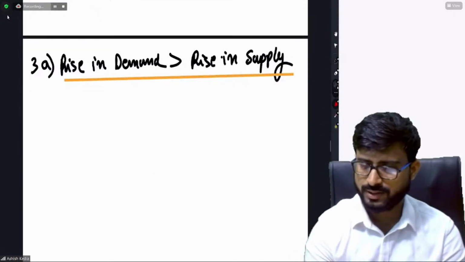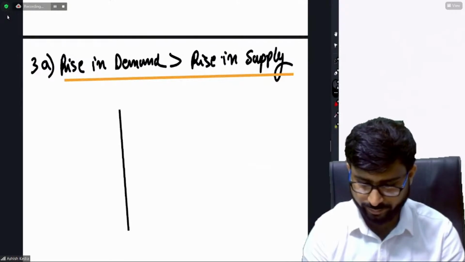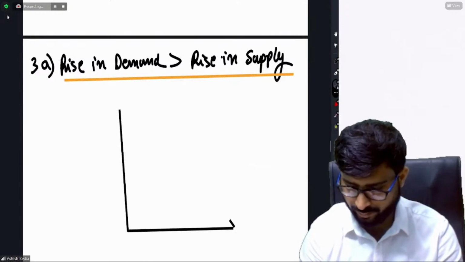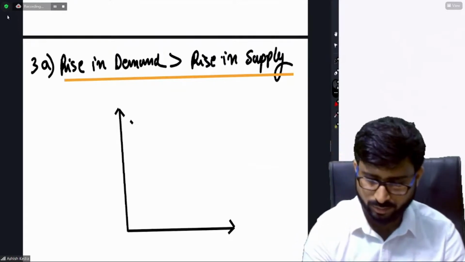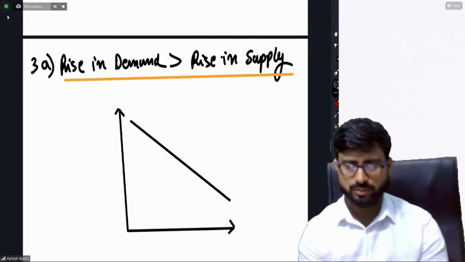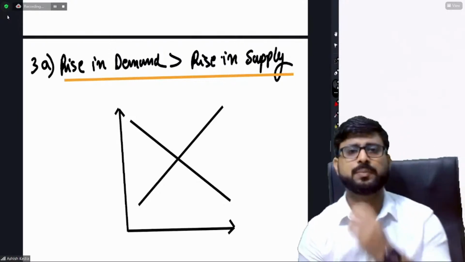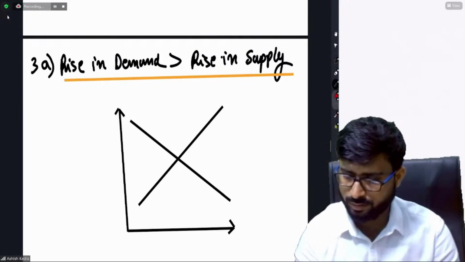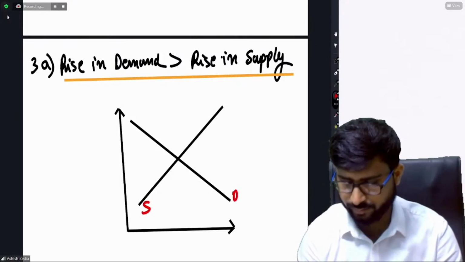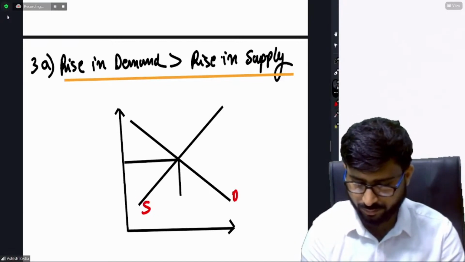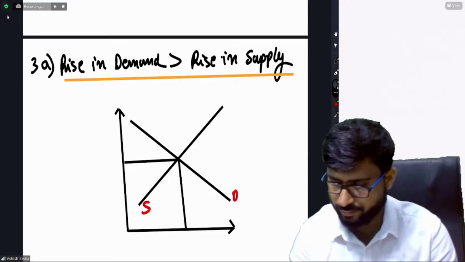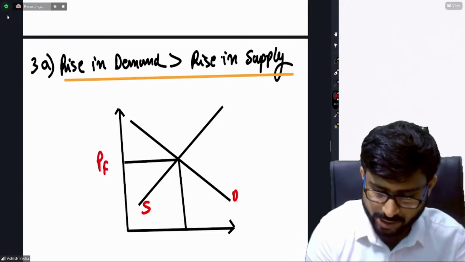Now see. This is the demand curve. This is the supply curve. Correct, everyone? This is the equilibrium price.